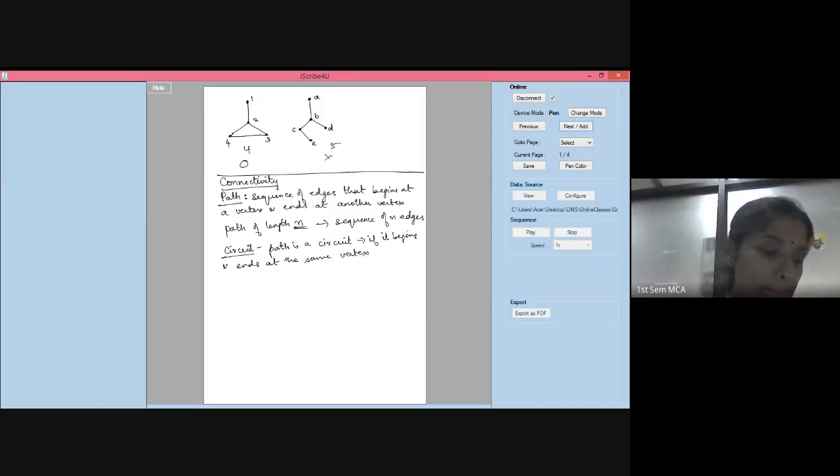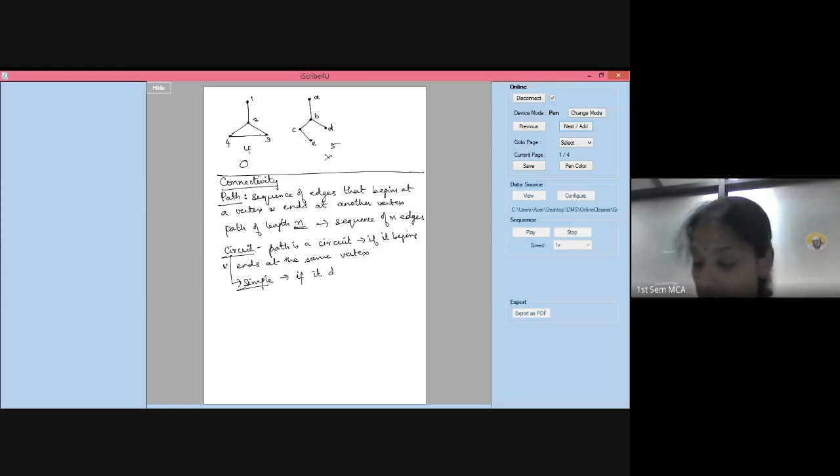Then a path or a circuit is simple. We say a path or a circuit is simple if it does not contain the same edge more than once.